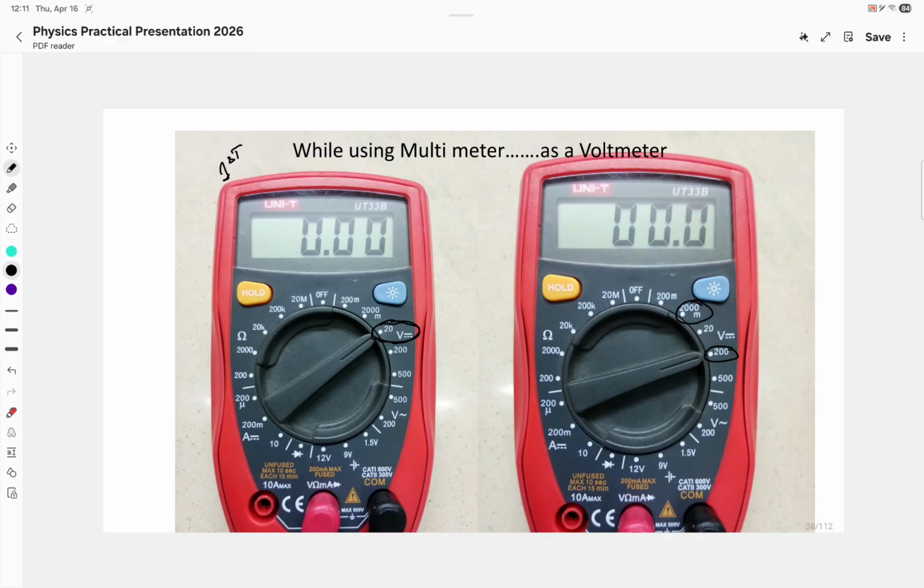So for measuring an EMF up to 12 volt, the most appropriate range is 20 volt. So remember that. Otherwise you can use 200, but this will decrease the precision of the answer measured by the meter, while at 20 you have a precision of 2 decimal places. The greater the decimal places, the greater the precision, and the chance of accuracy is always high. Remember that. So that's the idea for using a voltmeter, and previously I mentioned using an ammeter.